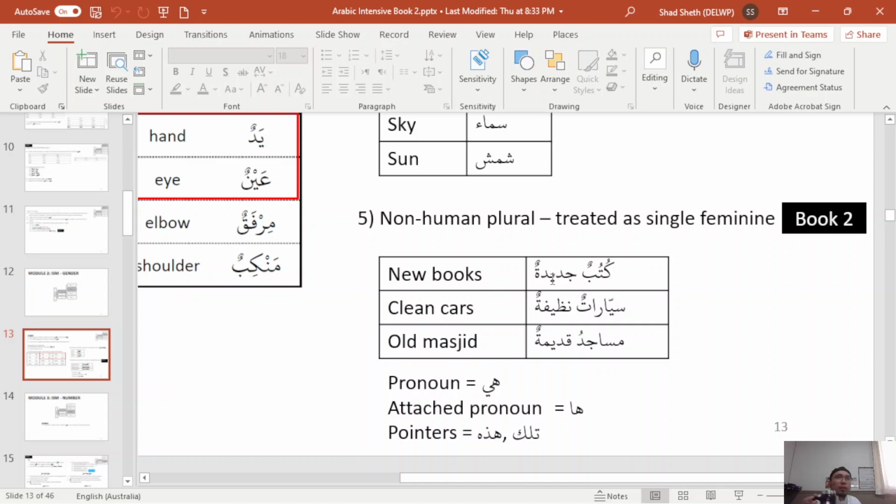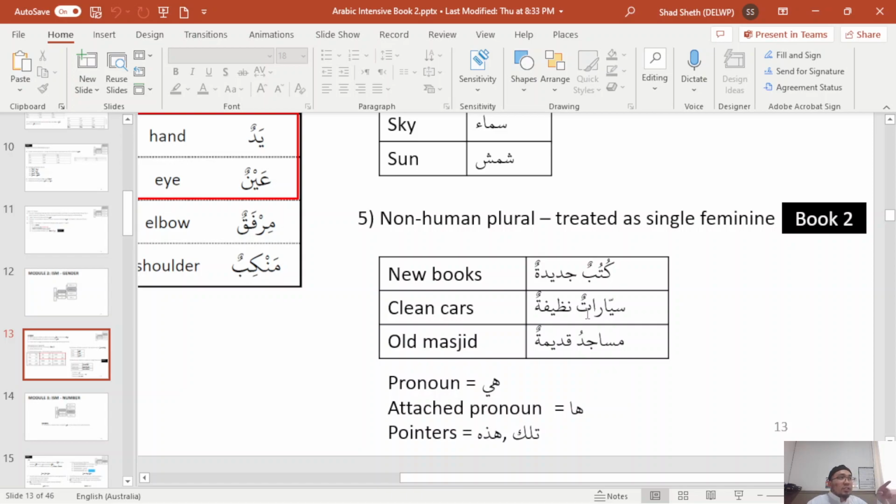Those cars, but treat it as singular feminine: tilka. And then sayyaratun, the plural version of sayyarah, cars.